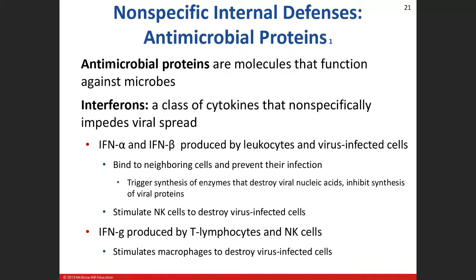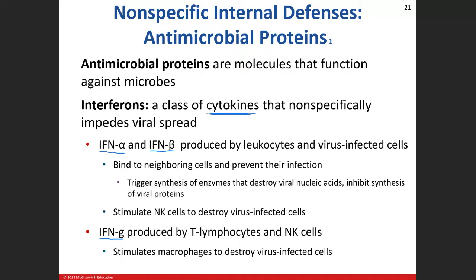Now we're going to talk about a classification of chemicals which we call interferons, which are just cytokines, and cytokines are just cell-produced chemicals that are going to perform different functions depending on what they're specific for. The three that you need to know are interferon alpha, interferon beta, and interferon gamma, or gamma interferon, alpha interferon, or beta interferon.